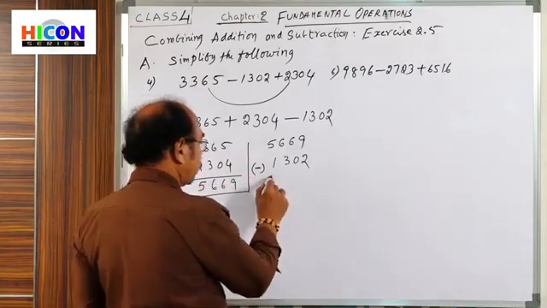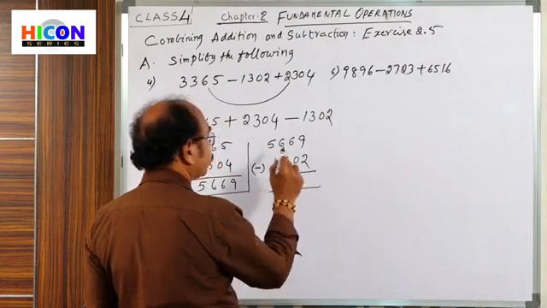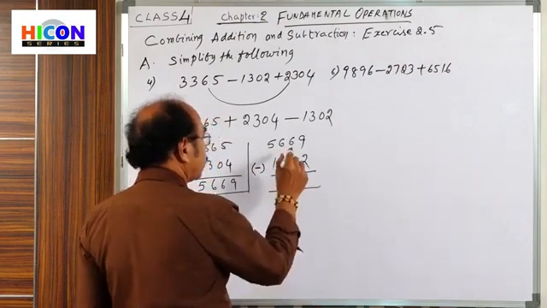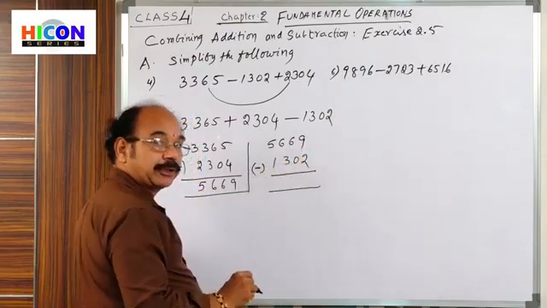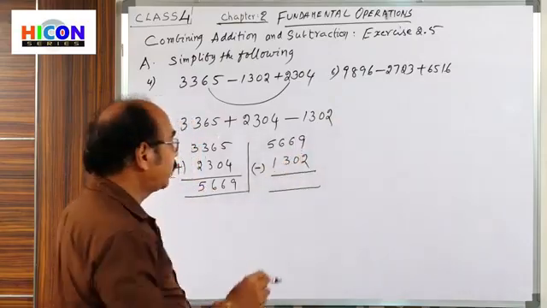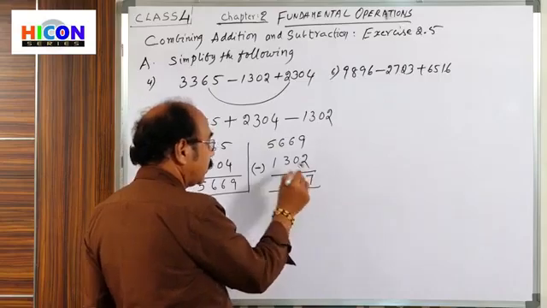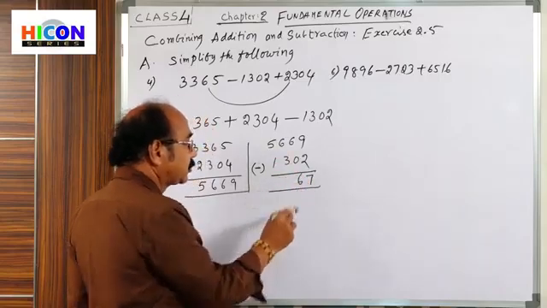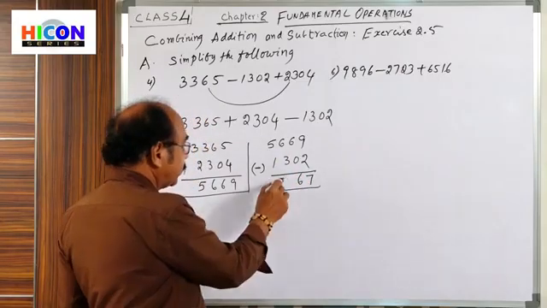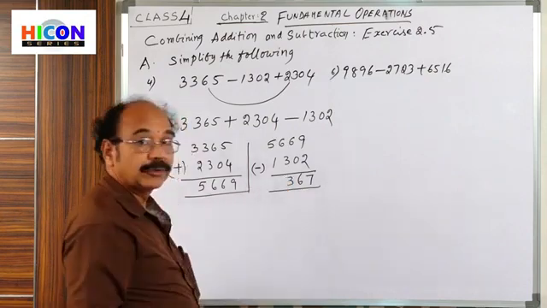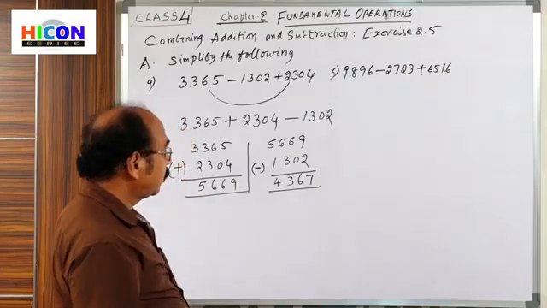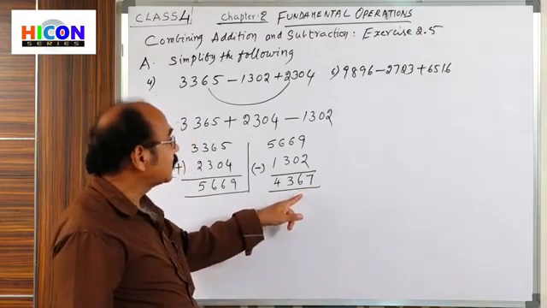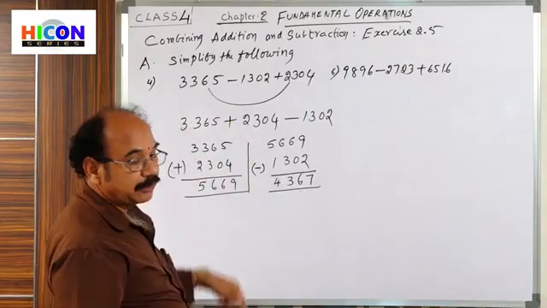Okay, children. 9 minus 2, how much? 7. 6 minus 0, 6. 6 minus 3, 3. 5 minus 1, 4. We take this as the result of this problem.